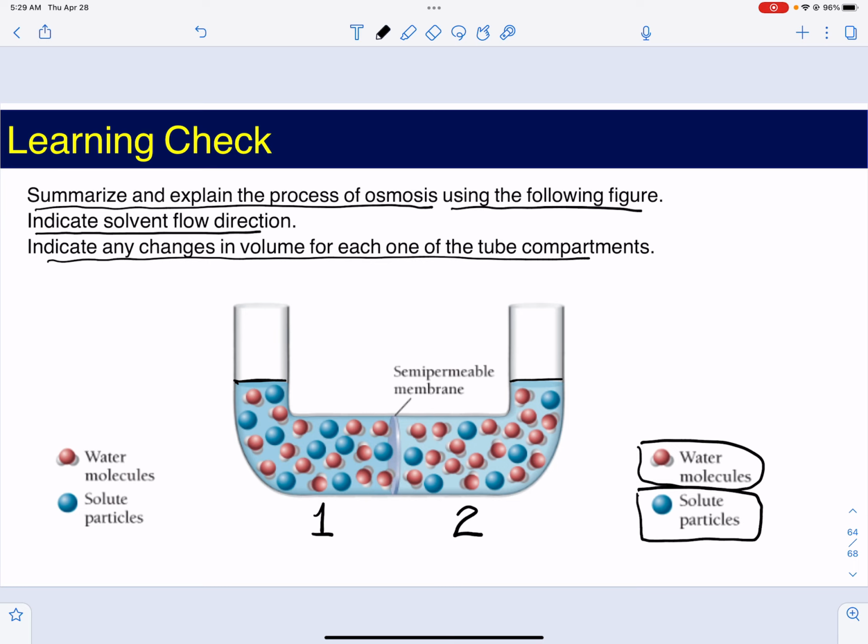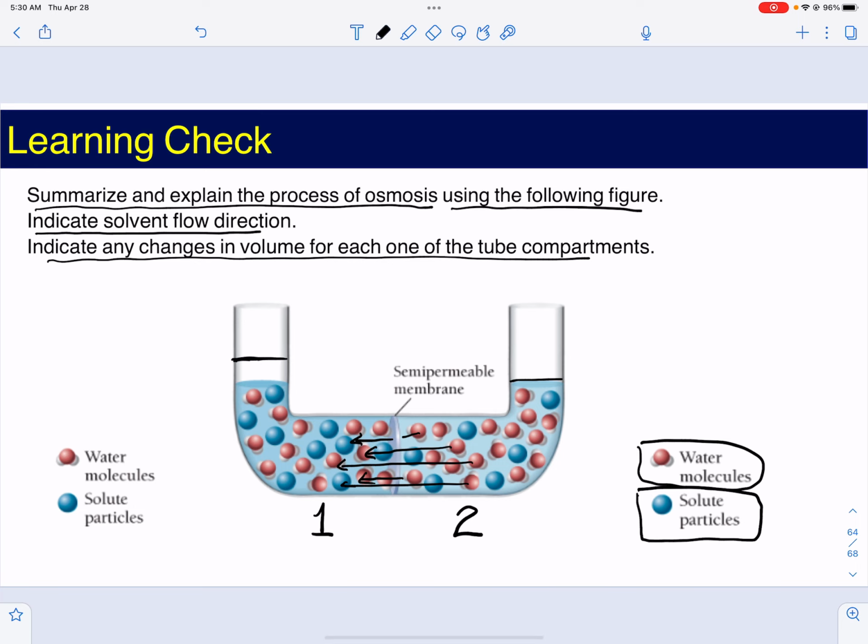So to do that, water molecules will have to move across the membrane until the percentage of solute to water molecules becomes the same. Since we're moving water molecules to the left, the volume on the left is supposed to increase.